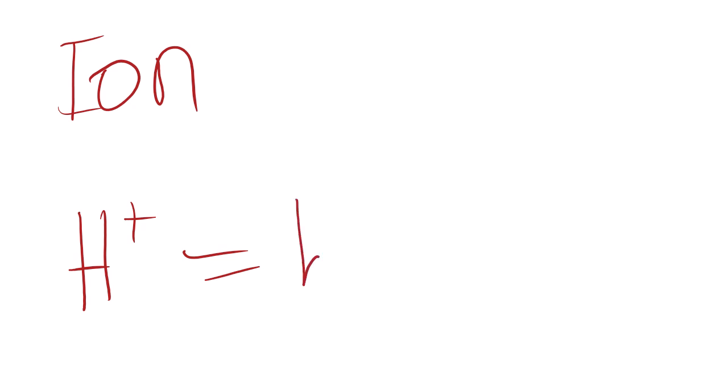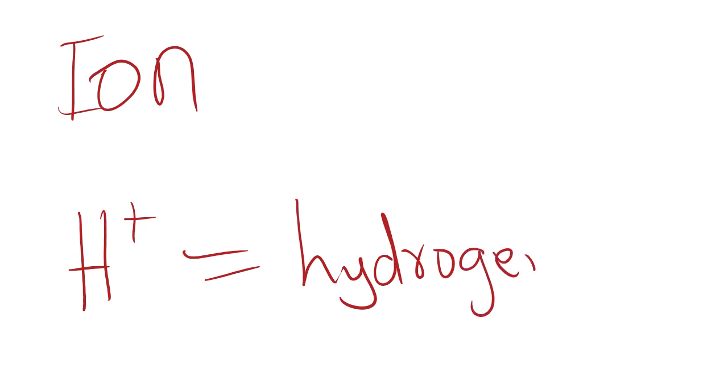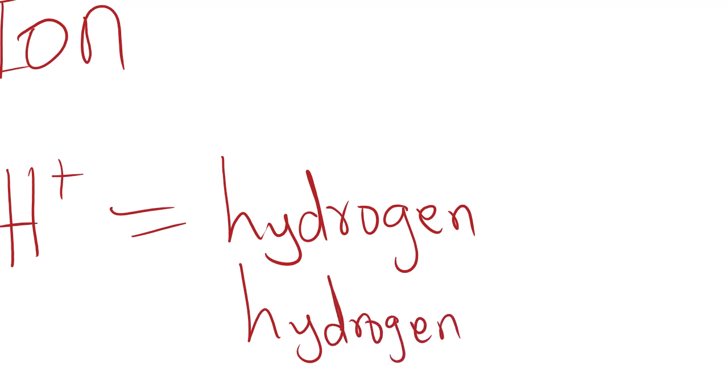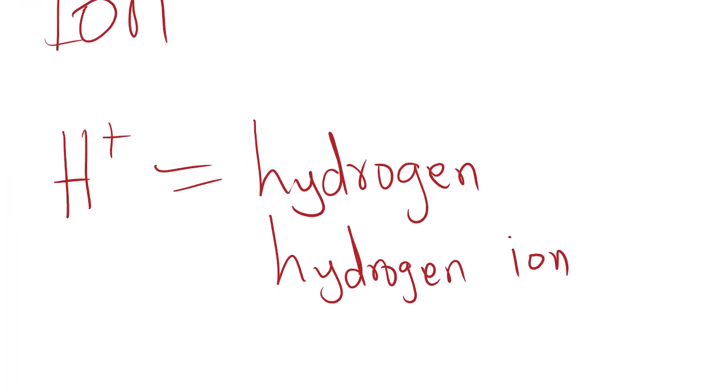So we have hydrogen here, and we have hydrogen ion. This is just how you write it. So anytime you see a charge here, either plus or minus, just use the word ion in front of the name of that atom.